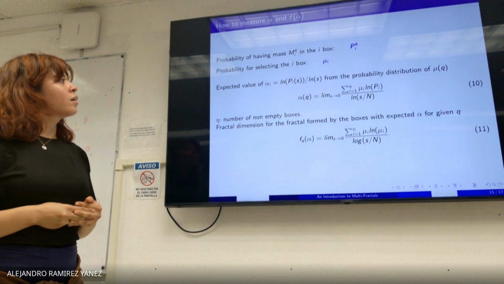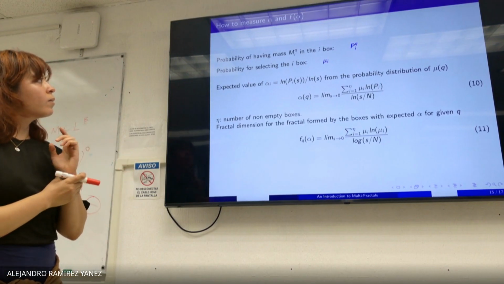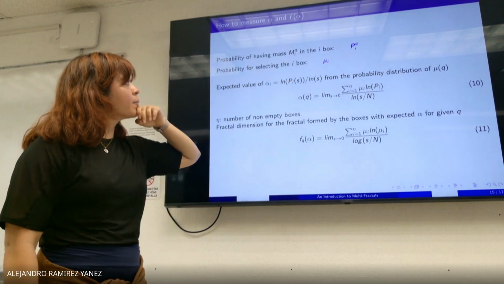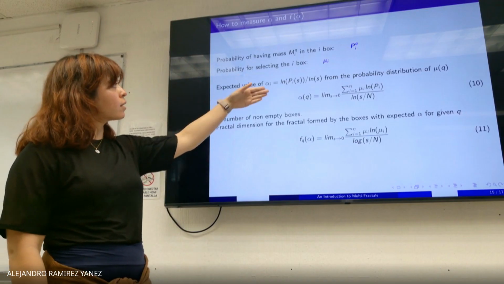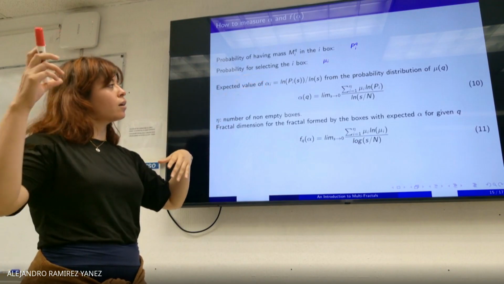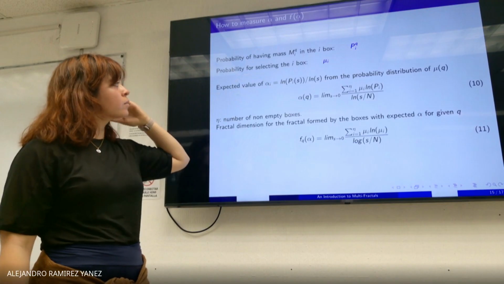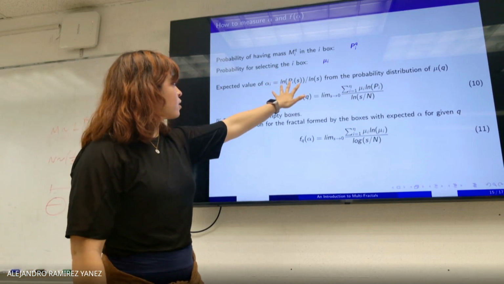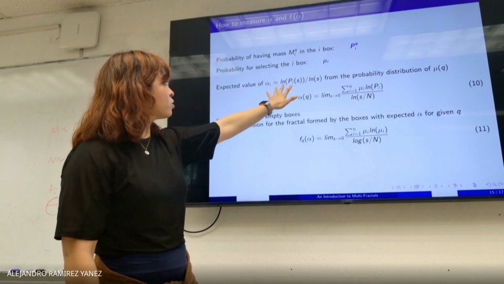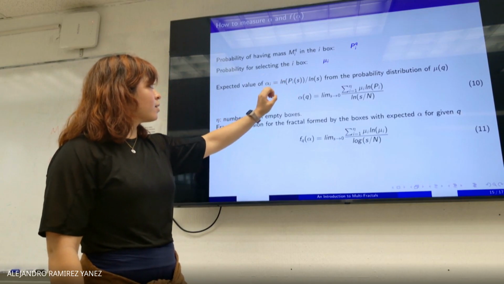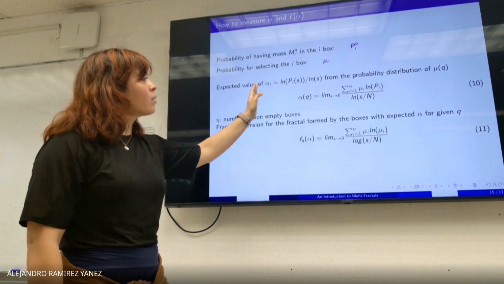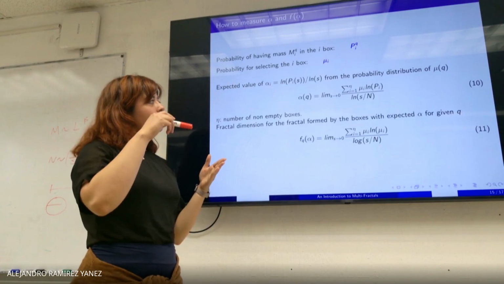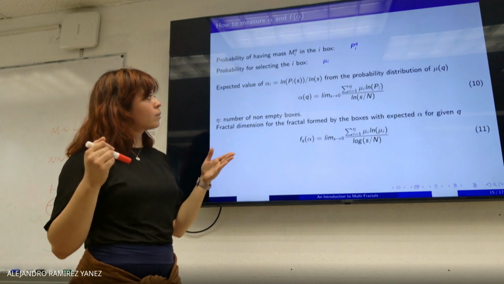Now, we can only measure the expected value, and how do we do this? We define the probability of having a certain mass in a box, the probability of selecting a box after raising the masses to the power q. And this is how it should look for each alpha, but we can only measure the expected value after raising the masses to the power q.